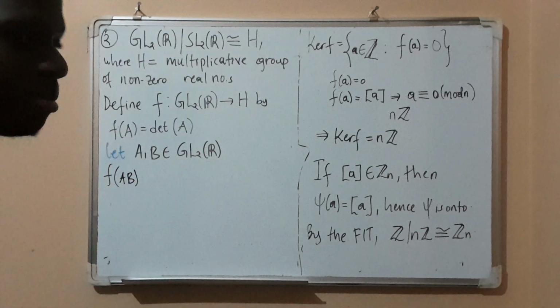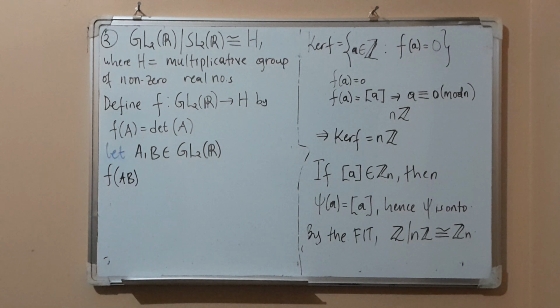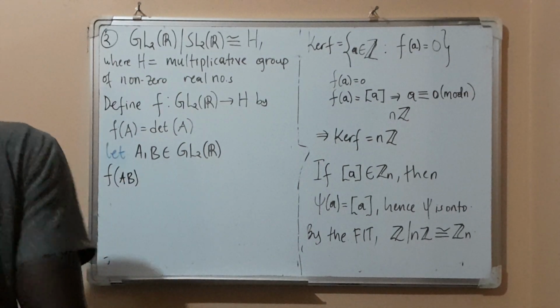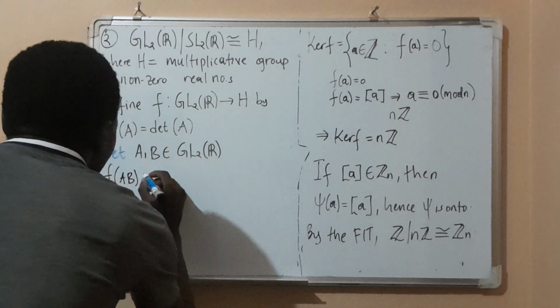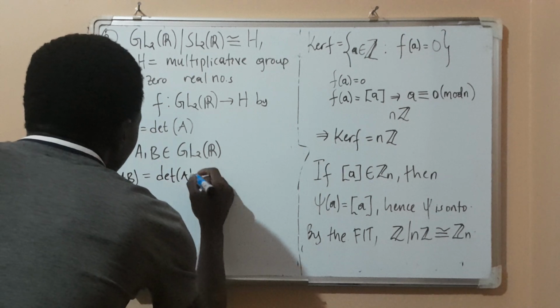Note that here I'm multiplying; the operation on that group is multiplication. So this is equal to determinant of AB.